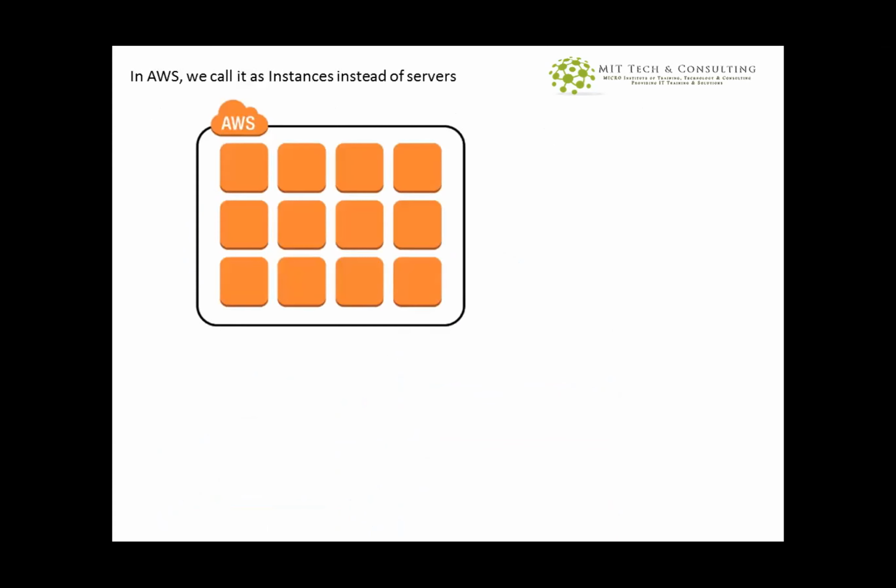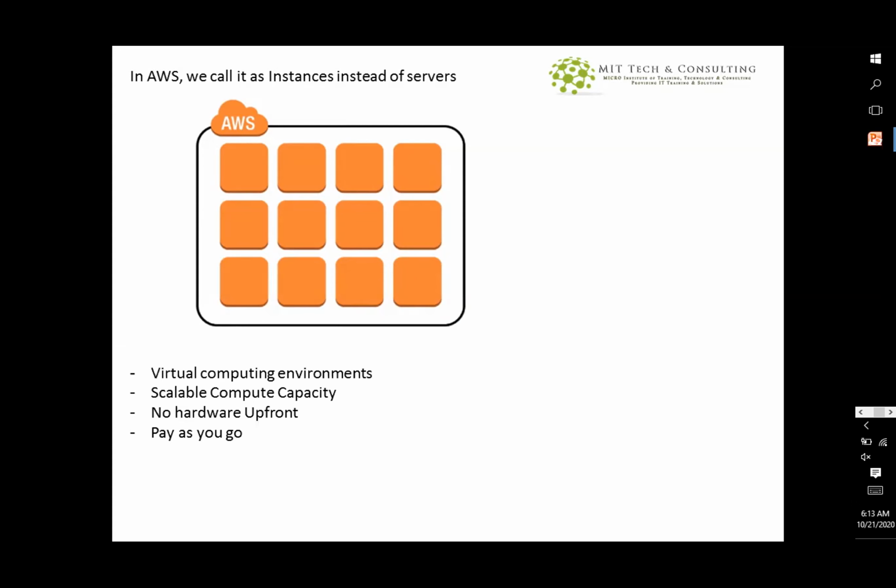In AWS, we call them instances instead of servers. These instances are virtual computing environments, which means a virtual machine in simple terms. It supports scalable compute capacity with no upfront hardware and with pay-as-you-go pricing too.